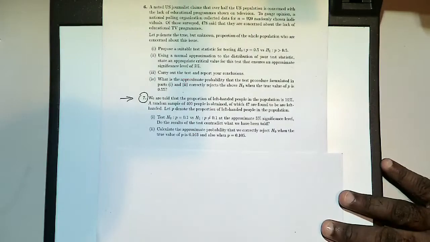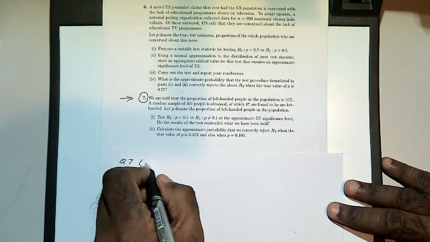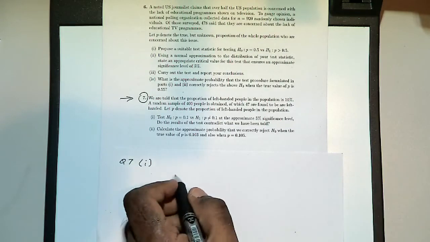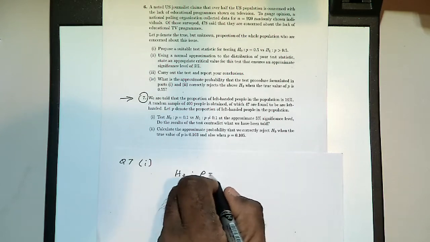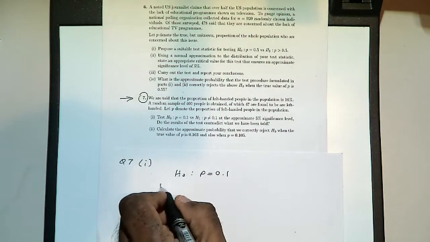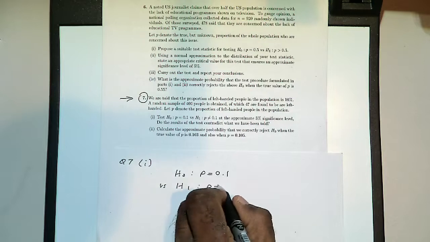So let's see how we can do this question, guys. This is question 7, part 1. We are trying to test this hypothesis with the alternative P not equal to 0.1.